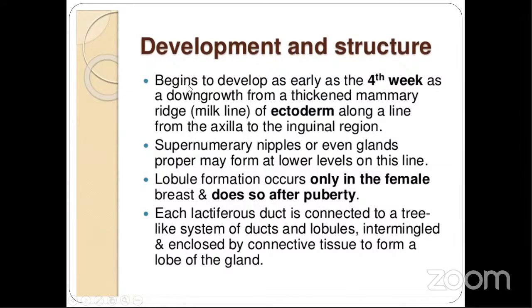We call it the milk line. Lobule formation occurs in the female breast only, and starts after puberty. Each lactiferous duct is connected to a tree-like system of ducts and lobules, enclosed by connective tissue to form a lobe of the gland.